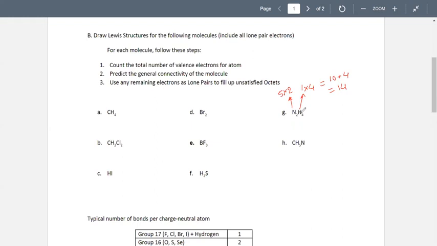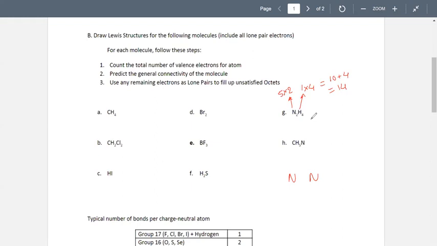So hydrogen always goes outside. So nitrogen is in the middle, because you know that hydrogen always is going to stay in the outer circle. So we're going to put nitrogen here, and you have hydrogen.